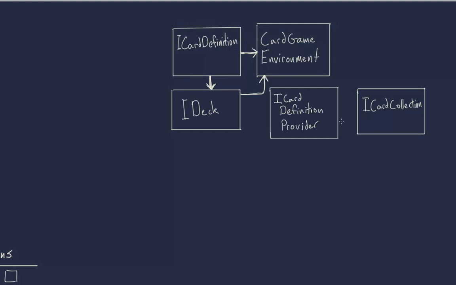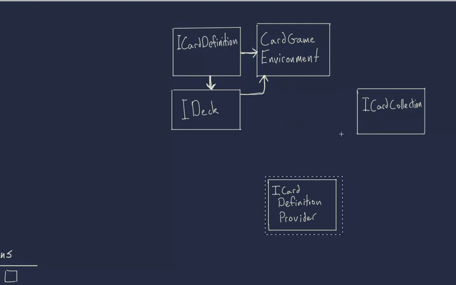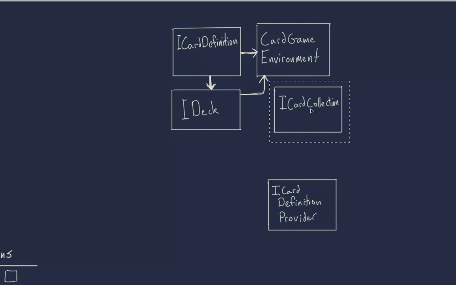Yes, the iCard collection contains a bunch of iCard definition providers. Okay. And so I guess if you want to organize this in how I'm thinking about it in my twisted head, you should put the iCard collection where the iCard definition is, and then scoot the iCard definition providers to the left of the iCard collection, and then scoot the iCard definitions to the left of the iCard definition providers.